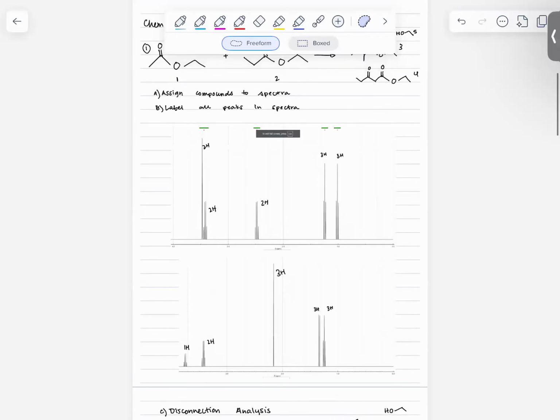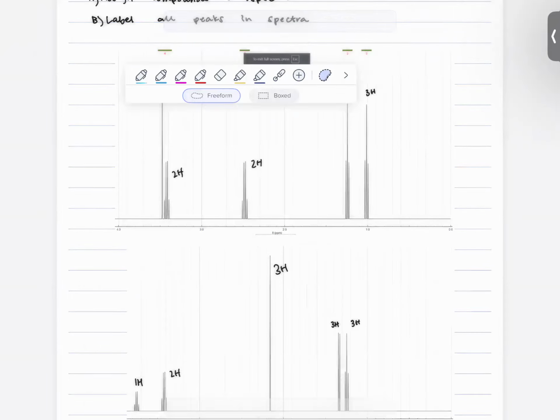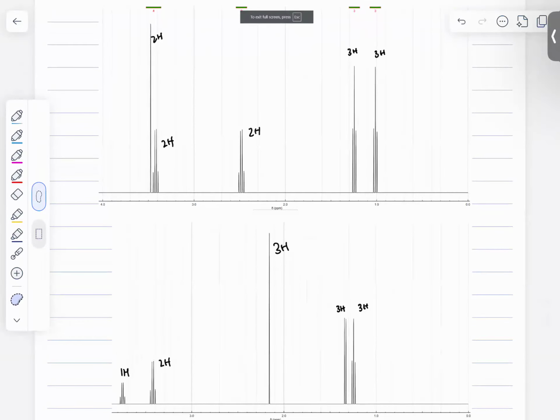Nice. This is a way that you can see the structures and the NMRs. So these have the NMRs and this one has the structures.